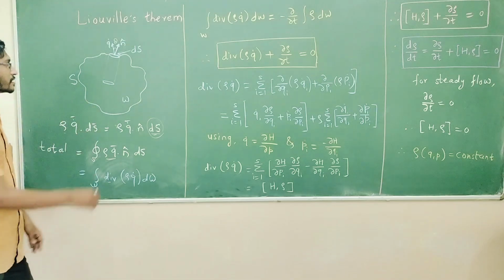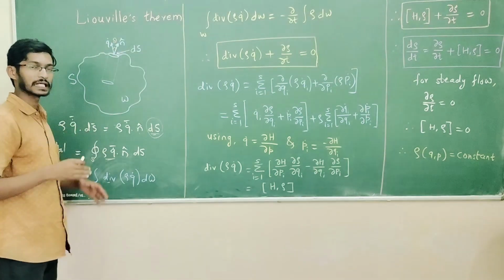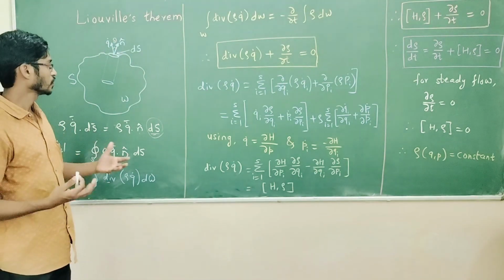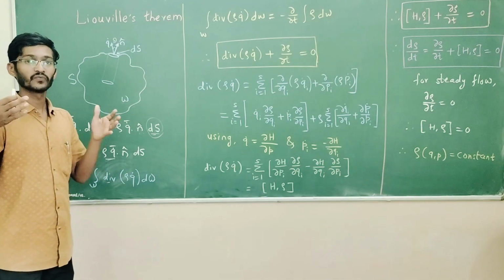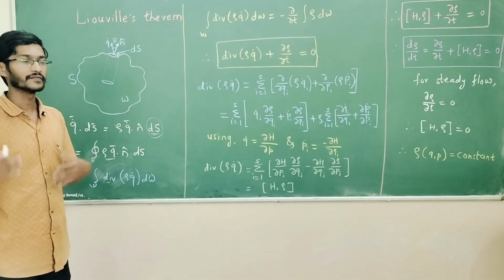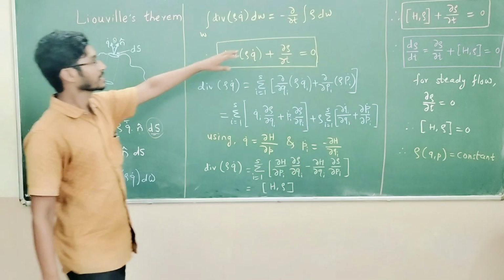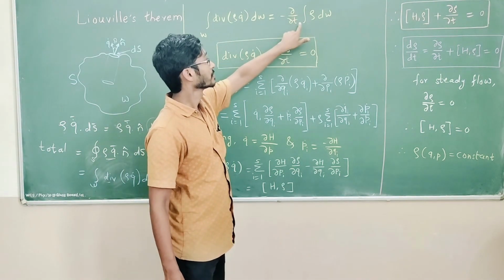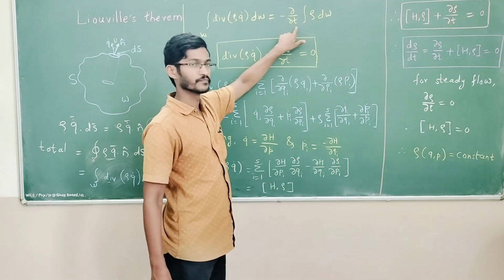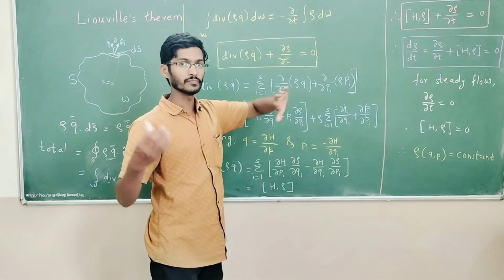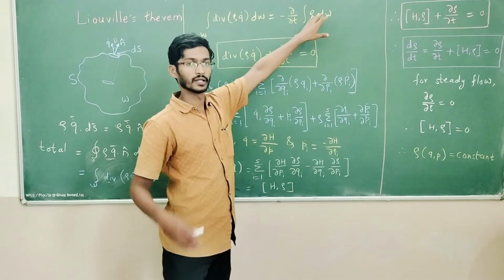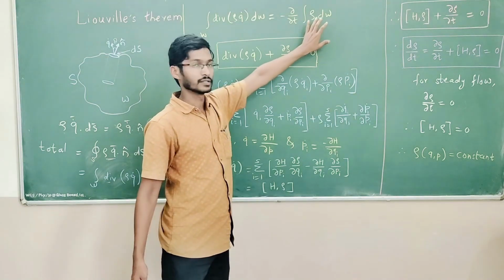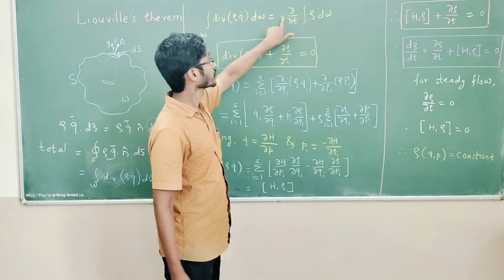Now, if a number of phase points are coming out of this phase volume, then with time the phase density will decrease. So this decrement is denoted by delta rho by delta t, and over the entire volume there will be some decrement in the phase density, and therefore there is a negative sign.